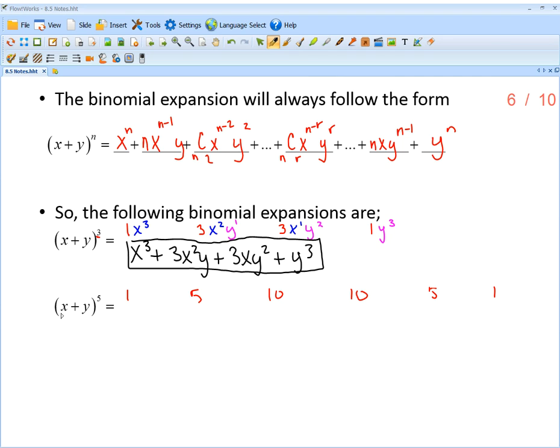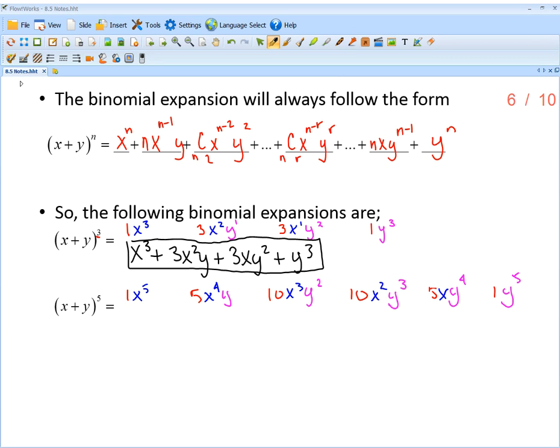Looking at the x terms, I'll have x to the 5th, and then it will decrease by 1: x to the 4th, x to the 3rd, x to the 2nd, and x. And the y's will increase by 1: no y's, y, y squared, y cubed, y to the 4th, and y to the 5th.